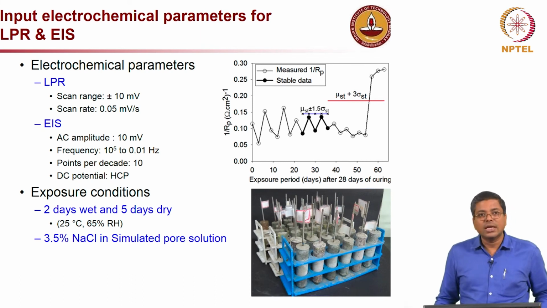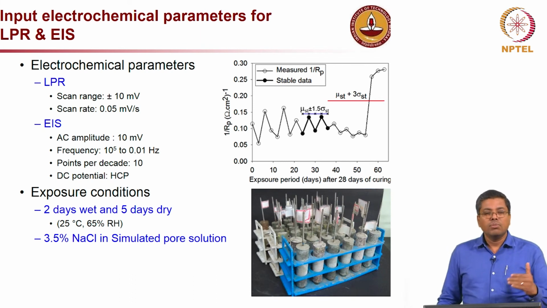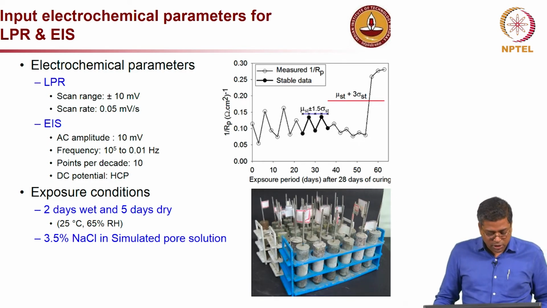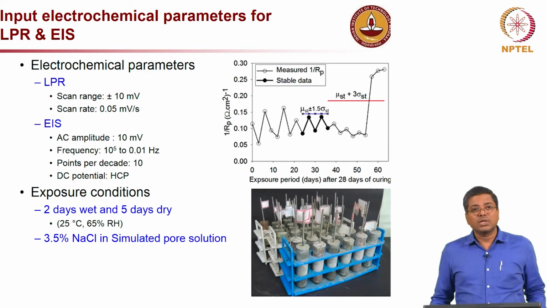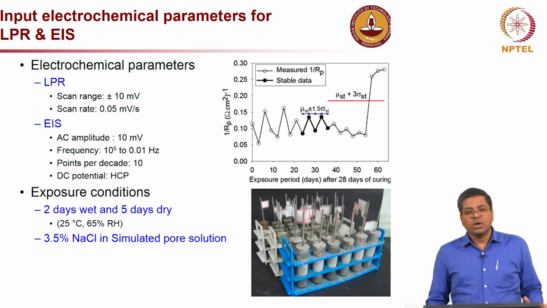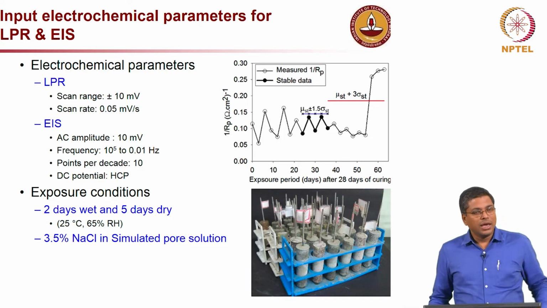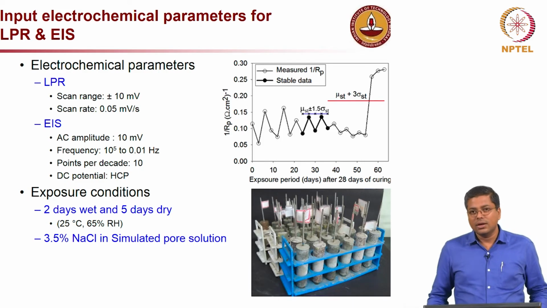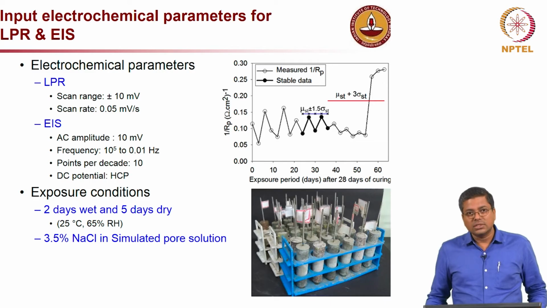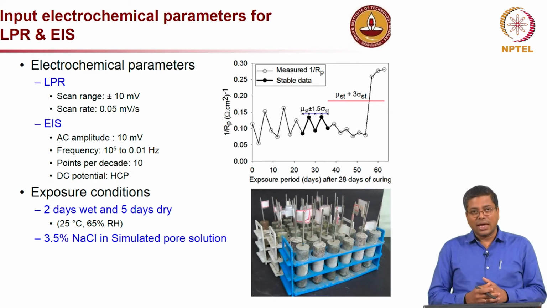These are more details on this test for both linear polarization test and also electrochemical impedance spectroscopy, because for systems like coated rebars and highly resistive concrete systems, LPR may not be a good choice. In such cases EIS, or electrochemical impedance spectroscopy, would be a better choice.